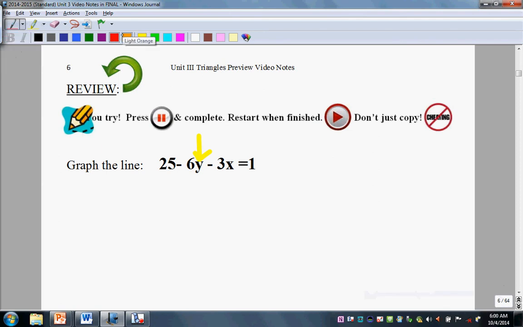So step 1, we want to take 25 over. You want to get y by itself again.